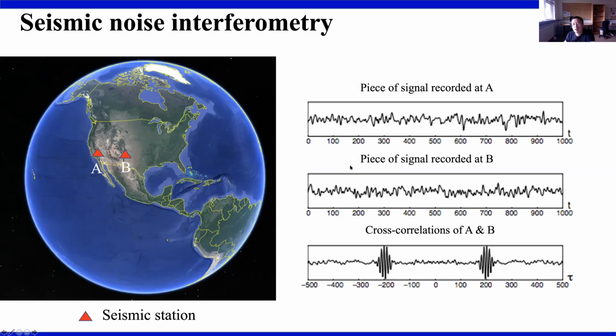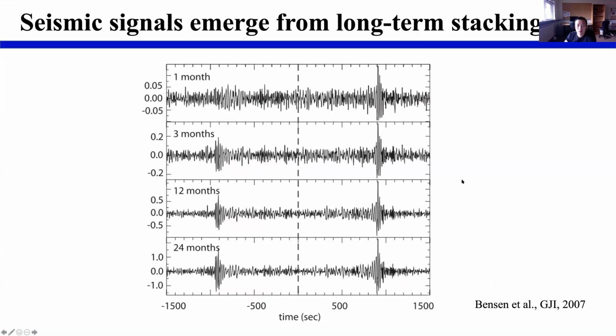This is only a cartoon point of view, but in reality you need long-term recordings. This is not a problem, because a lot of times we have seismometers recording for years. Once you stack all of these cross-correlations between two stations for months, for years, you generate an empirical Green's function representing the structural response, which is very good.